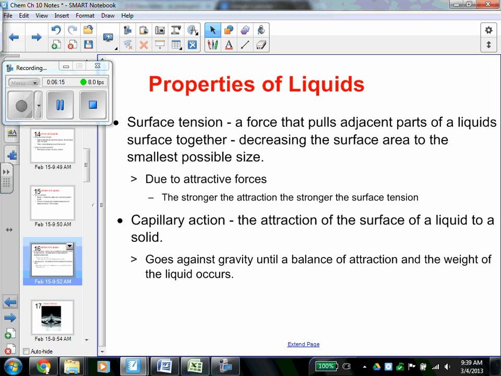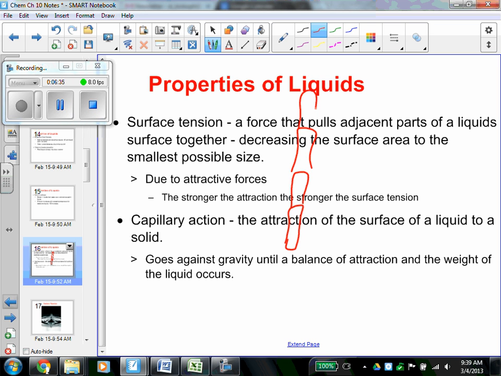The next thing I have, again a property of liquids, is something called capillary action, which is the attraction of a surface of a liquid to a solid. This is actually what plants do to get water to the top of the trees. So all the cells are stacked on top of each other like this. So here's a plant cell, a plant vessel, vascular tissue.